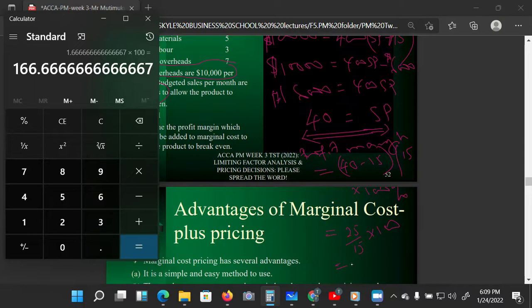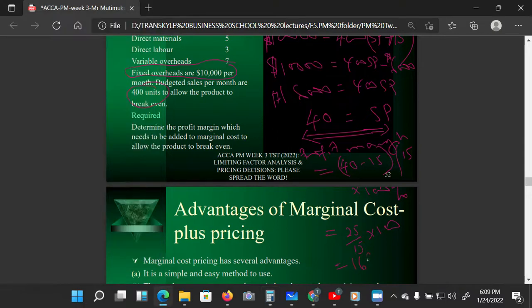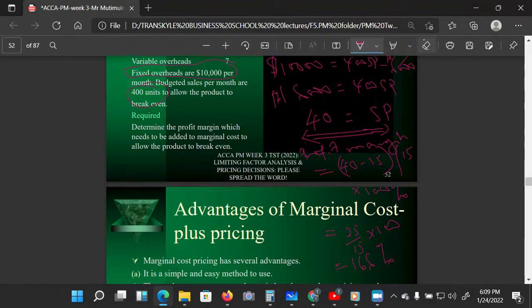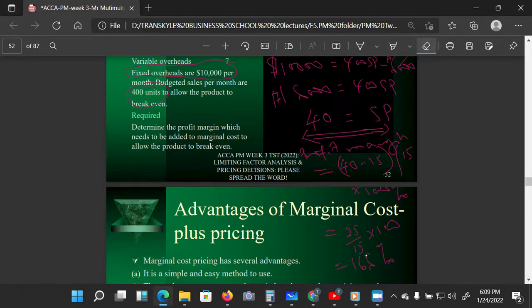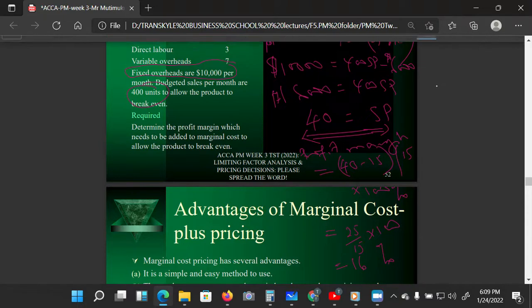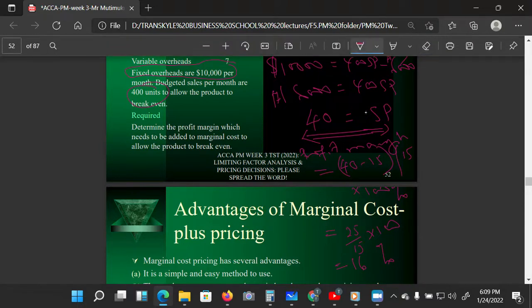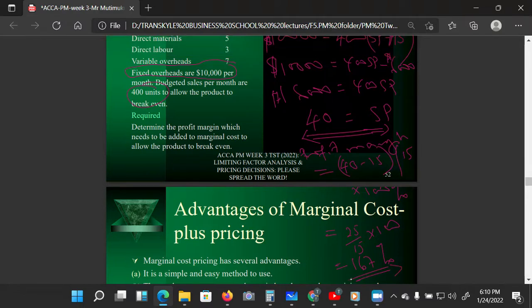You can see that this percentage should be, let me just erase a bit here, because if it is in decimals, we can just put it to the nearest whole number. So that's 167. That's the profit margin.